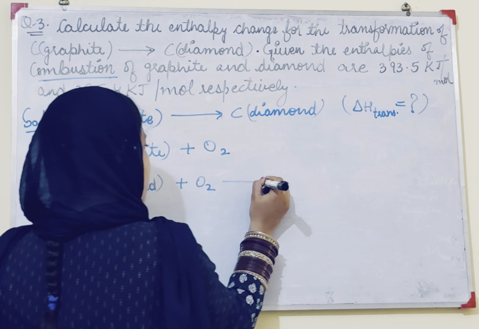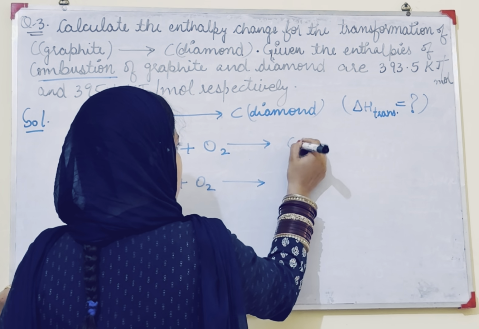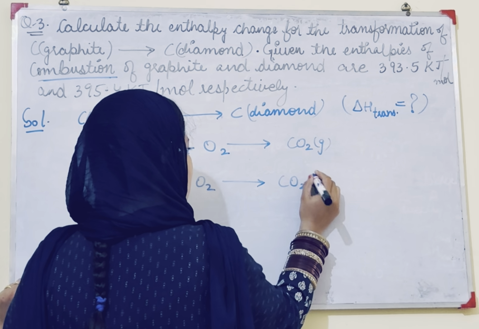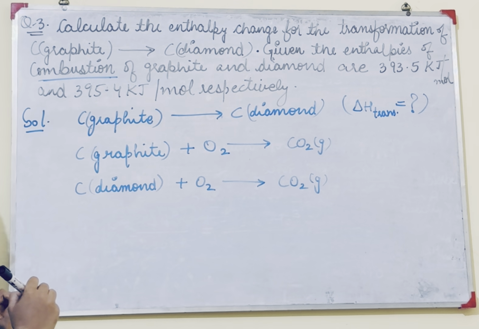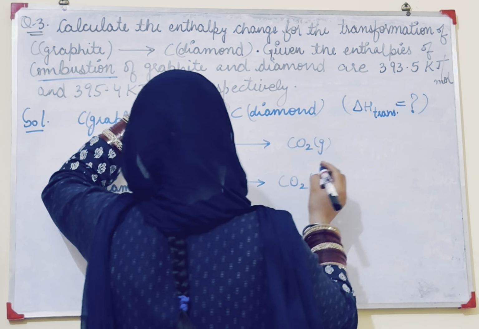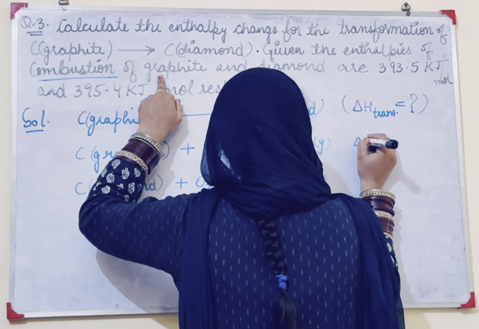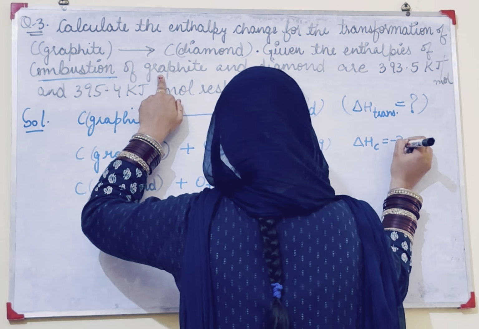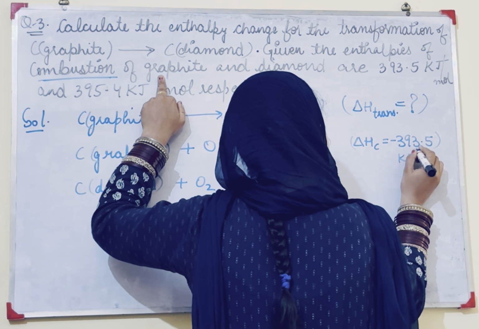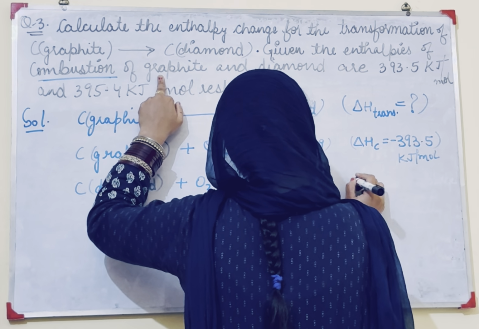Now what will you get? You will get CO2 in gaseous form. Now what is the value for this graphite combustion? Delta H combustion is equal to minus 393.5 kilojoule per mole. Units must be put.